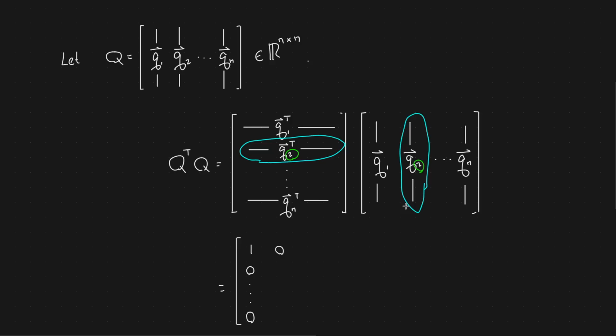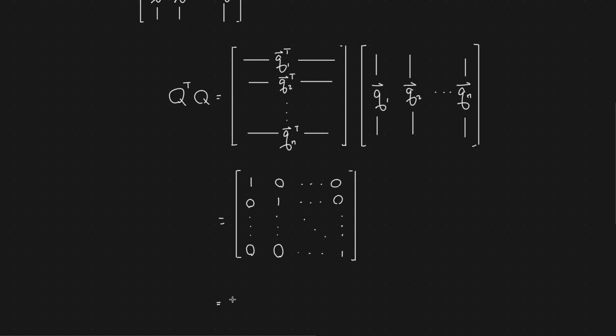Because it's a unit vector, I just get 1. And that's the only non-zero element in the column. And I could continue doing that for every column. And what I end up getting is the identity matrix, in this case the n by n identity matrix.